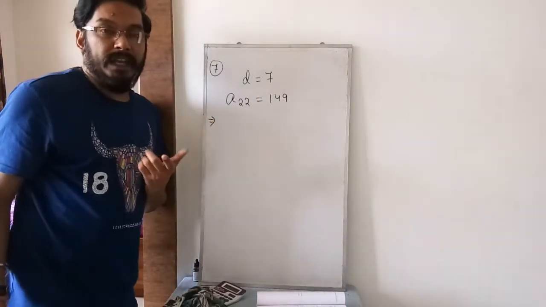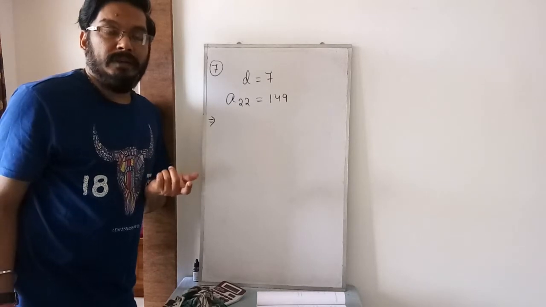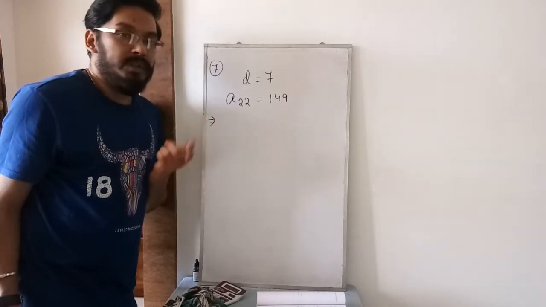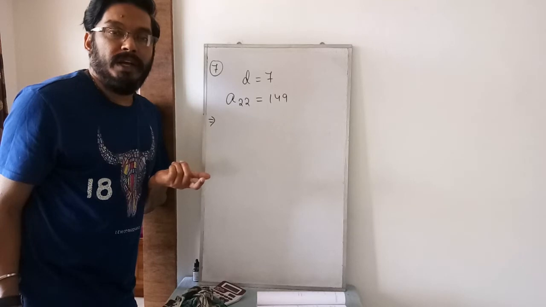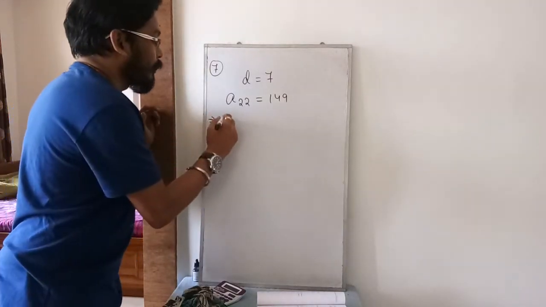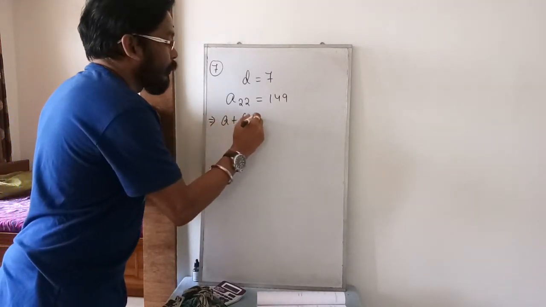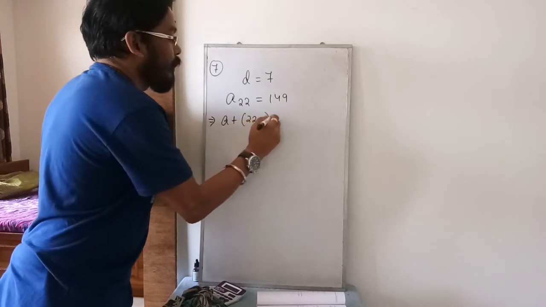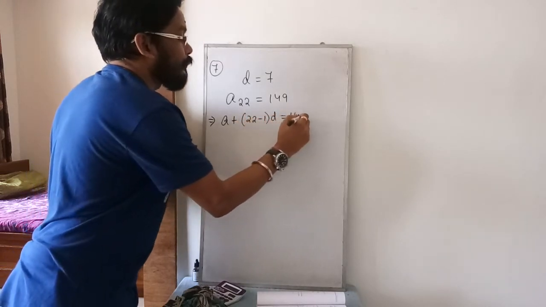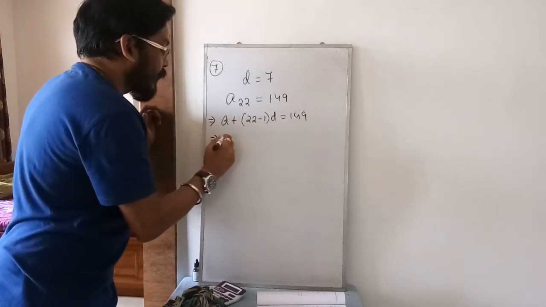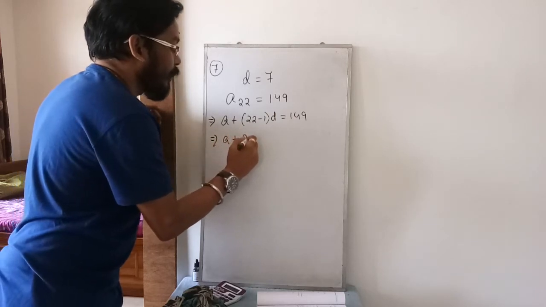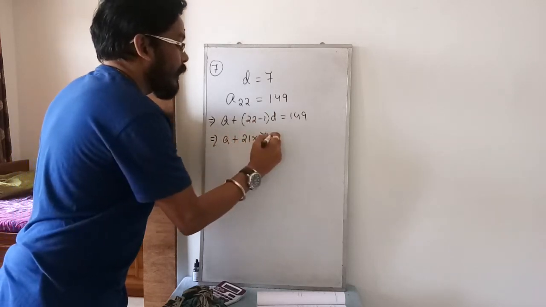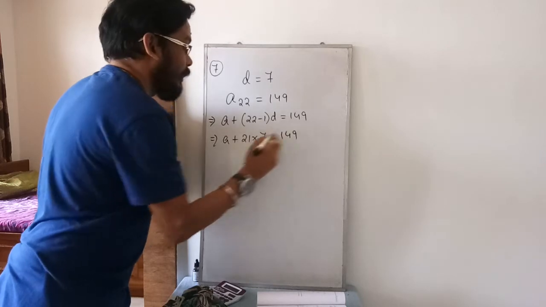An is a plus n minus 1 into d, so a22 will be a plus 22 minus 1 into d. Here it is a, 22 minus 1 is 21, your d is 7, so it is 149.